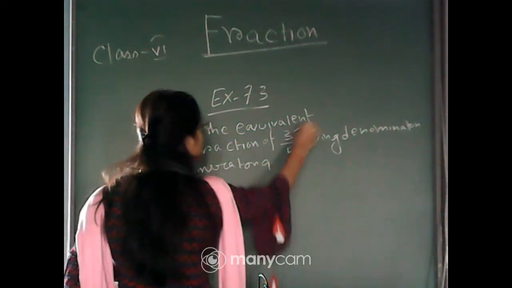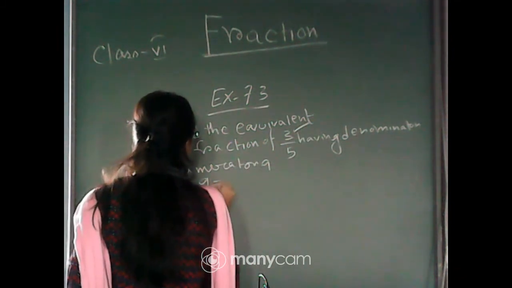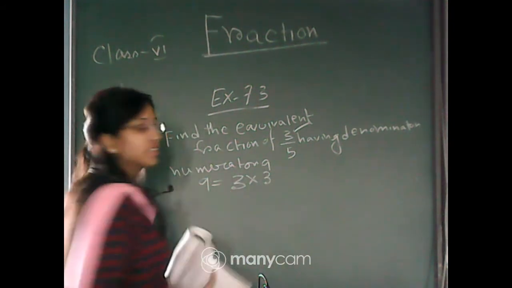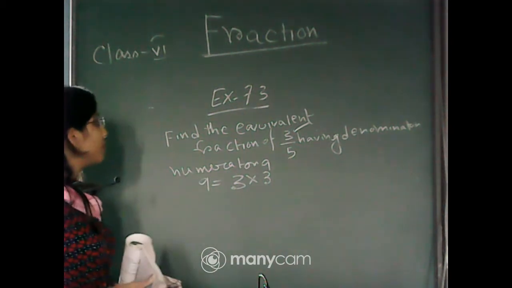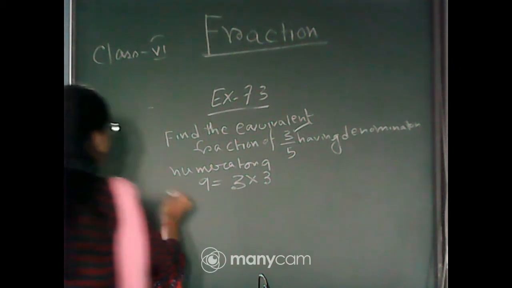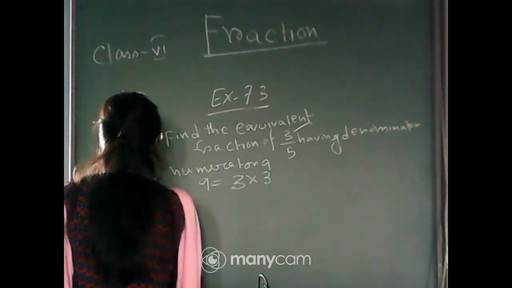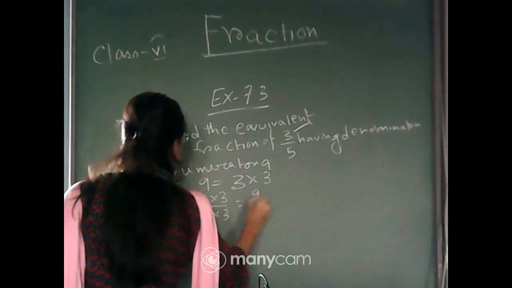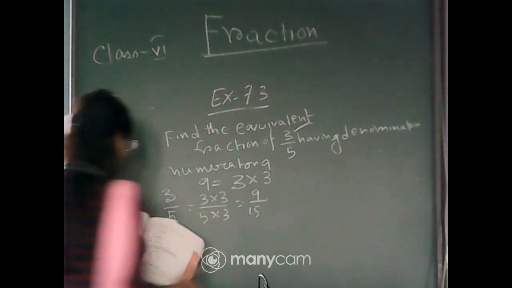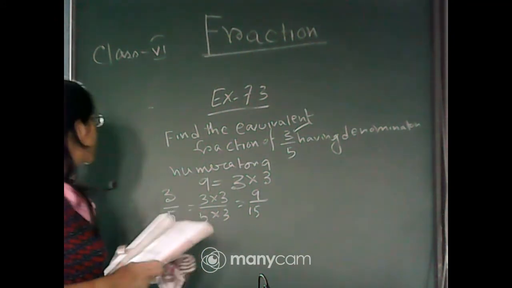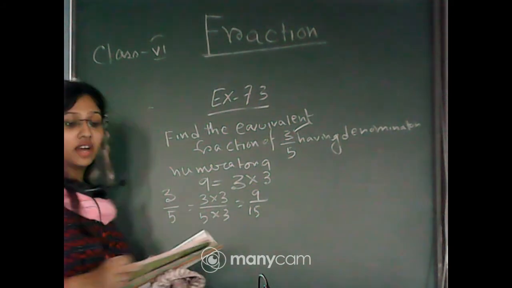Here the numerator is 3 and we all know that 9 is equal to 3 cross 3. Therefore, to find the equivalent fraction, we multiply both the numerator and the denominator by 3 and we get 9 by 15. Therefore, the equivalent fraction of 3/5 having numerator 9 is 9 by 15.